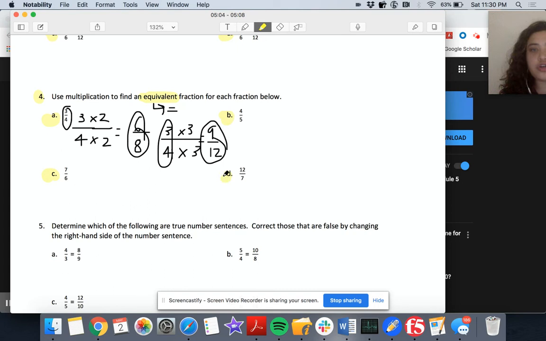Just be sure that you're multiplying both the numerator and the denominator. And that's how you get those equivalent fractions, okay? And if you need to, go ahead and list your multiples, okay? I could have very easily, if I forgot, listed my multiples of 3 really quickly, and listed my multiples of 4 really quickly, just so it's fresh in my head and just so it's right there.